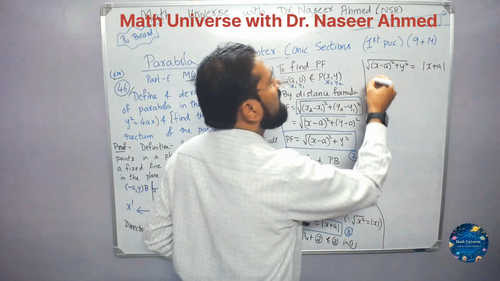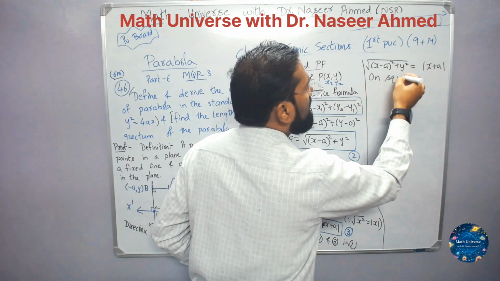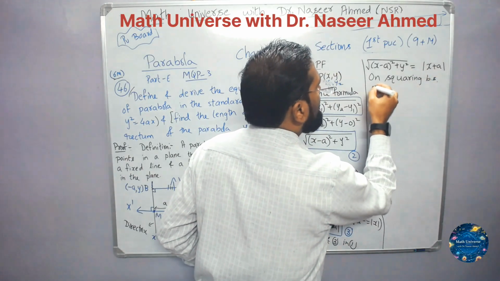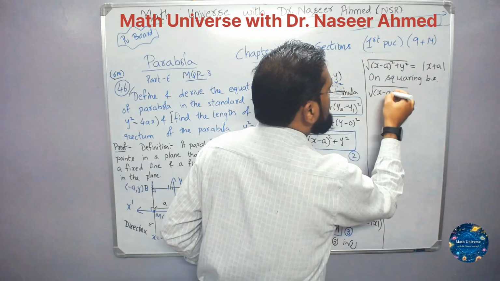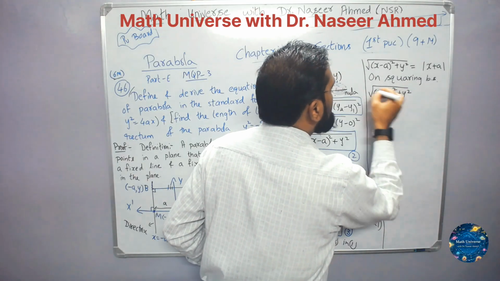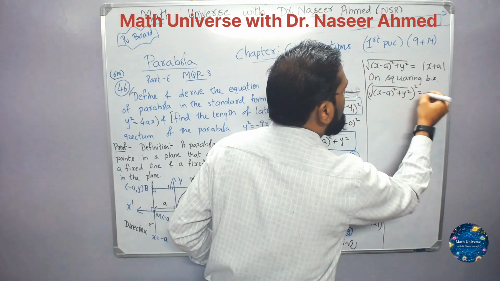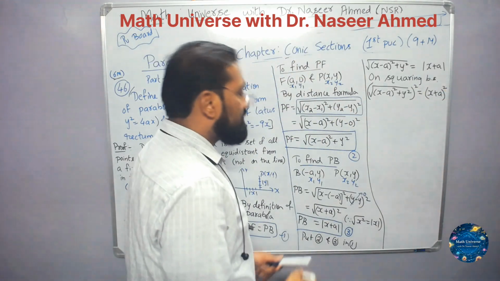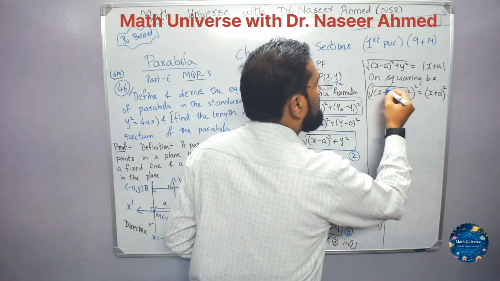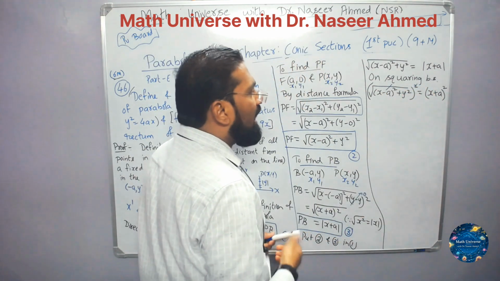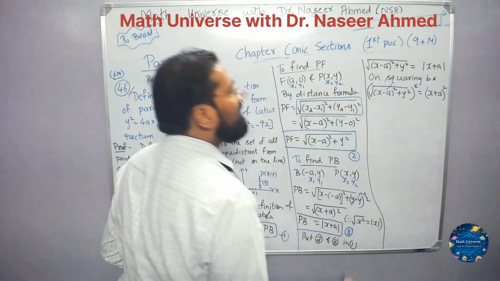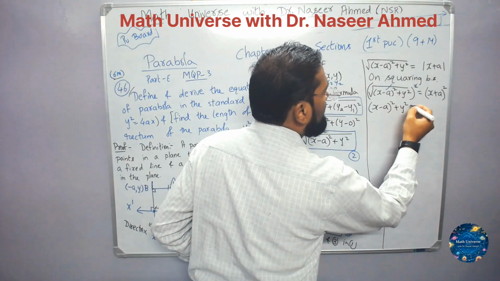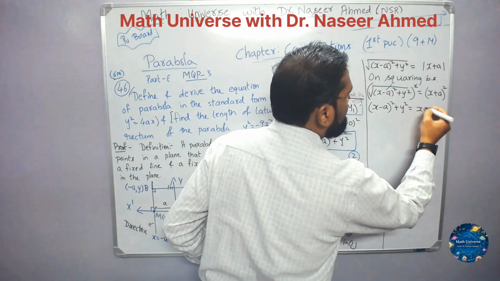I want to remove the square root, so on squaring both sides, we will have the square root of (x minus a) the whole square plus y square, the whole square, is equal to, since I am taking a square, I can remove mod, no problem. Now see carefully, square root and square will get cancelled. So we are left with (x minus a) the whole square plus y square is equal to the right hand side.